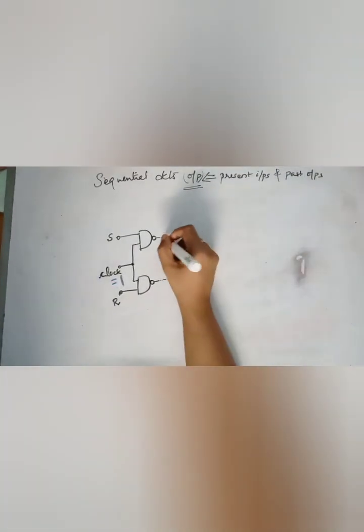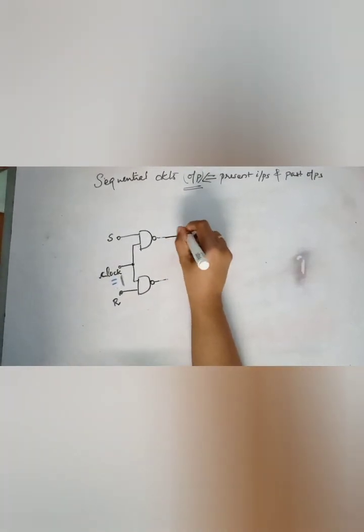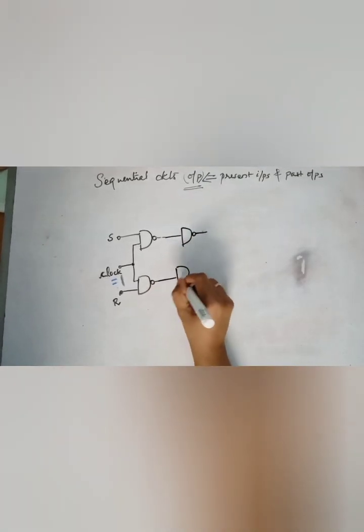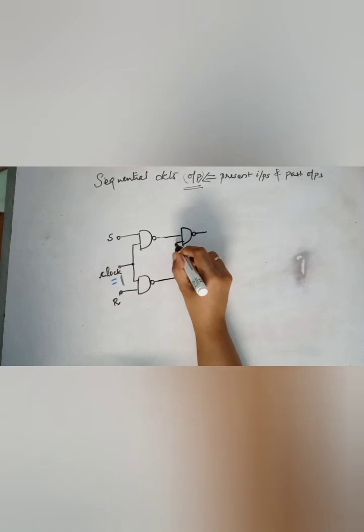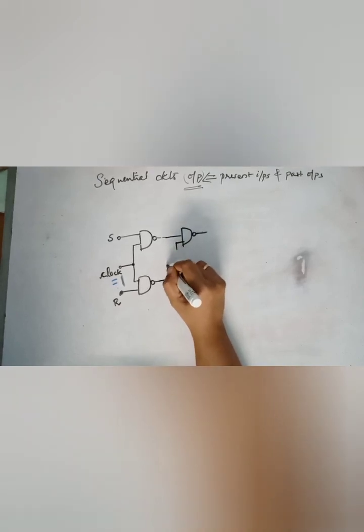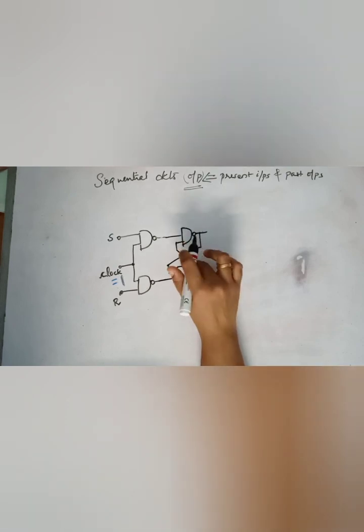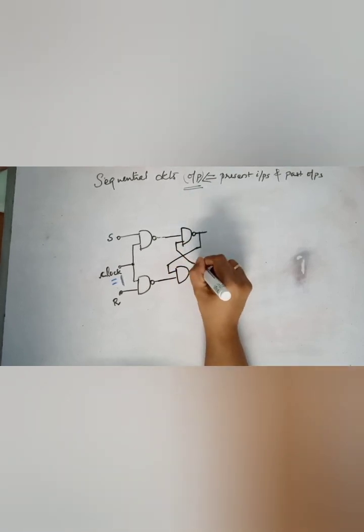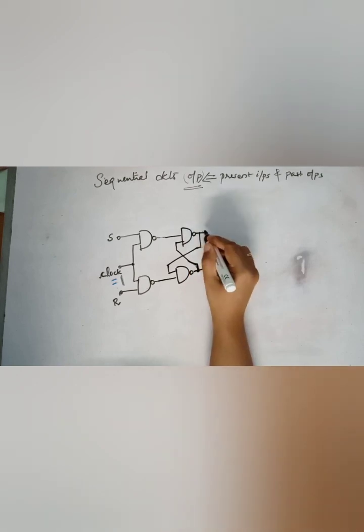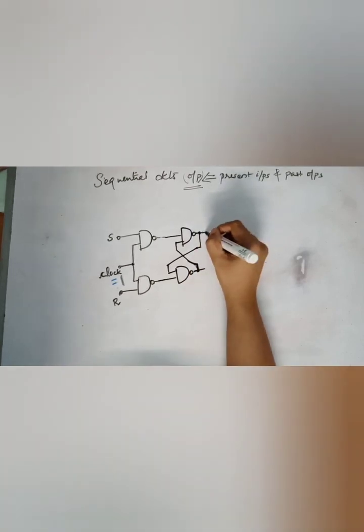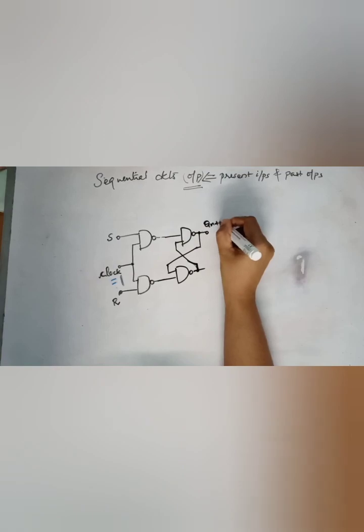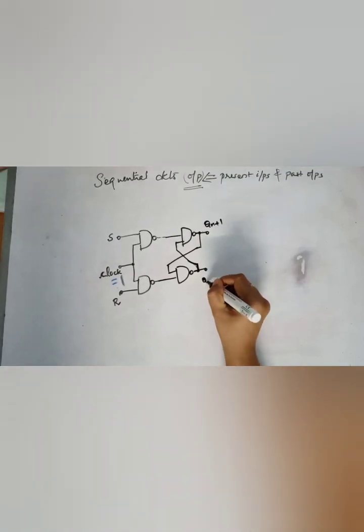I'll draw it a bit smaller so that I can accommodate it. So here you have a connection, here you have a connection, Qn plus 1, and this is Qn plus 1 bar.